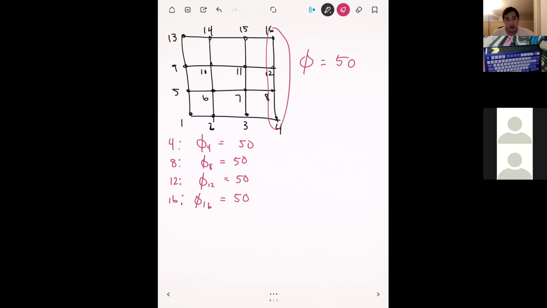Since we have 4 nodes here, we're going to have 4 equations, and they're simply going to be phi 4, phi 8, phi 12, phi 16, all equal to 50. So relatively simple, right?